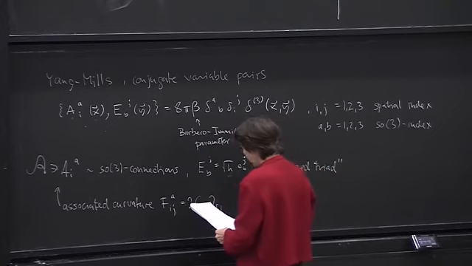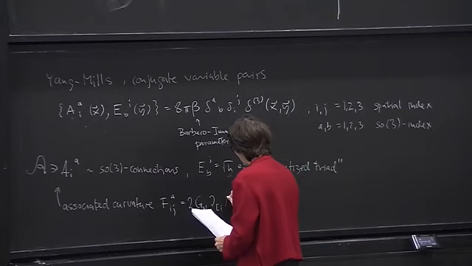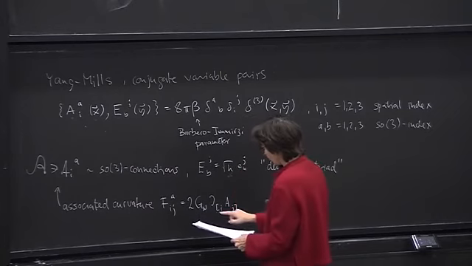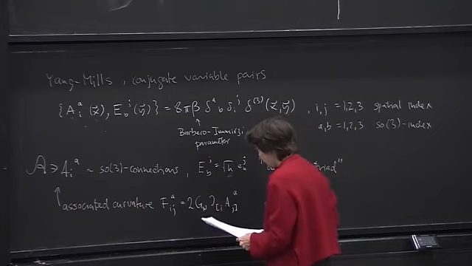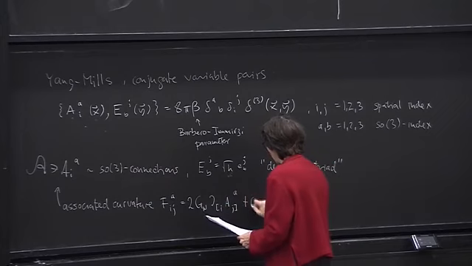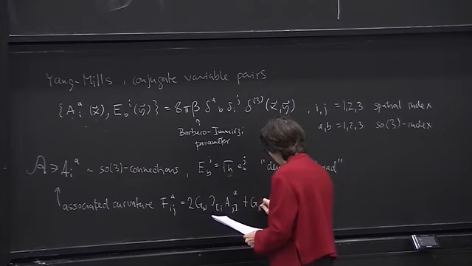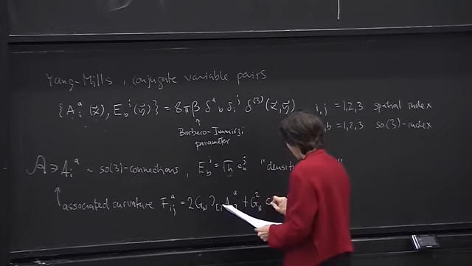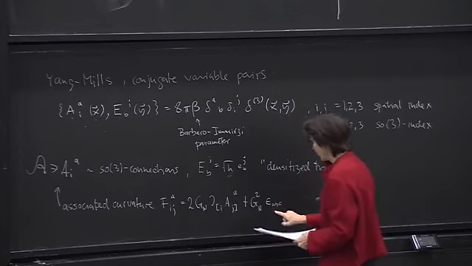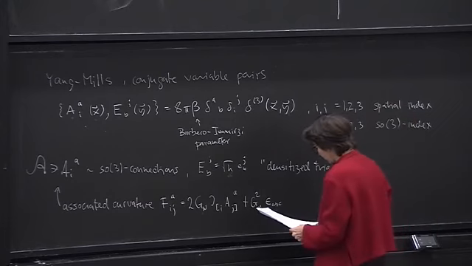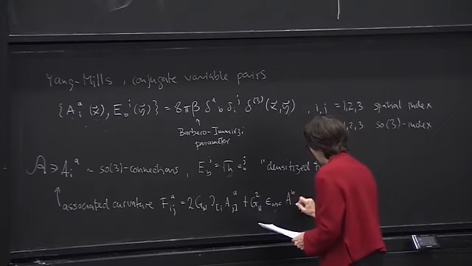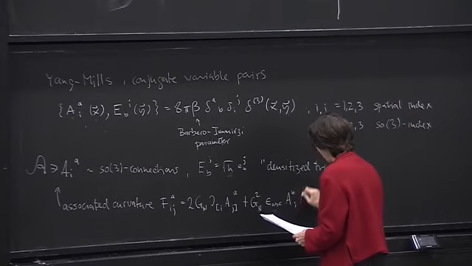So this is G Newton. So you get an anti-symmetrized first order derivative term, del_i A_j minus del_j A_i, plus a term that's quadratic in the A's, epsilon ABC. These are, of course, the structure constants of SO(3). A_i^B A_j^C.